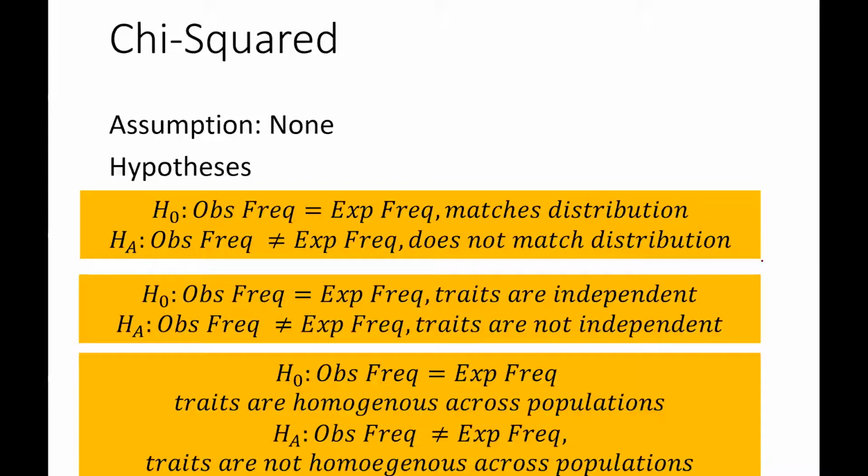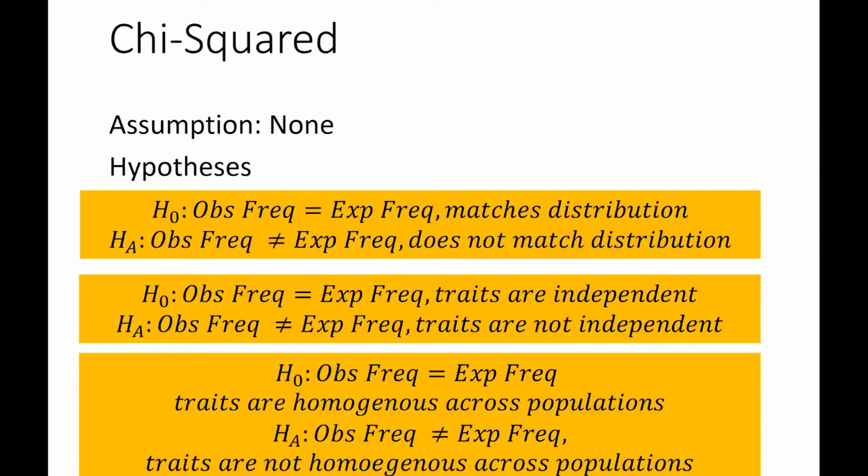Remember, the base hypothesis is always the same, that your observed is equal to your expected frequency and that your observed frequency is not equal to your expected frequency. That's the same regardless of what test you're doing. What differs is how you interpret the results. For the goodness of fit, which is this top one, if you accept the null hypothesis, that means that your data fits the expected distribution.